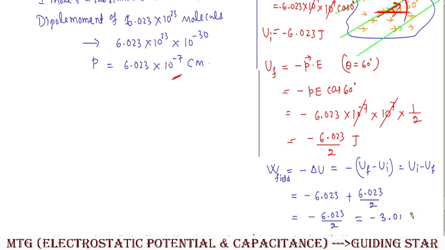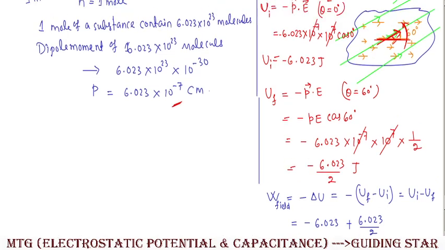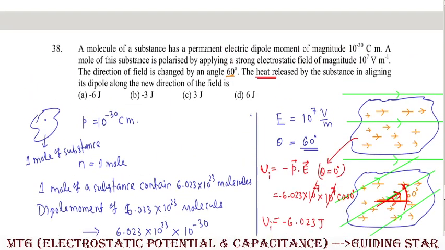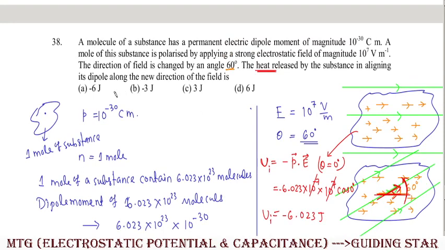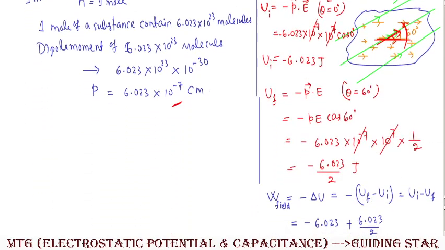So this much amount of heat energy will be released, approximately minus 3 joules. So minus 3 is given, so the heat released by the substance in aligning the dipole along the new direction will be approximately minus 3 joules. So option B is the correct one.